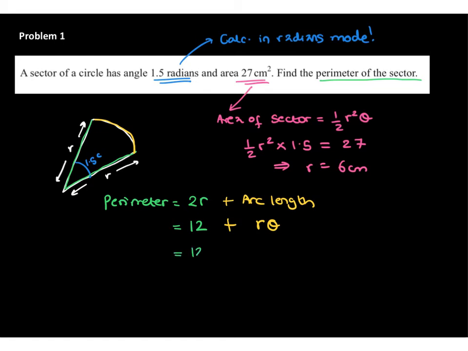So that's 12 plus 6, which is the radius, multiplied by the angle theta in radians, which is 1.5, and this then gives us a very neat overall value for the perimeter, which is 21 centimetres.